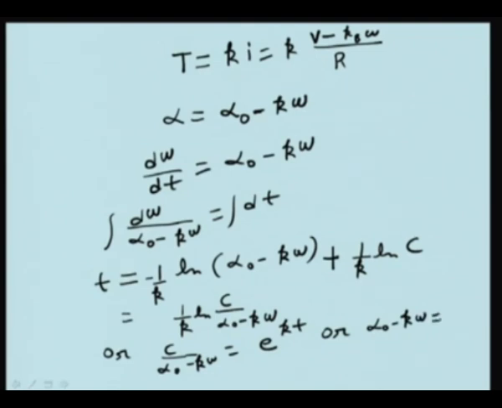At t equal to infinity, this portion will become 0, and when alpha 0 will be k omega, that means the final velocity will be reached, and at that time the angular acceleration will be really 0.